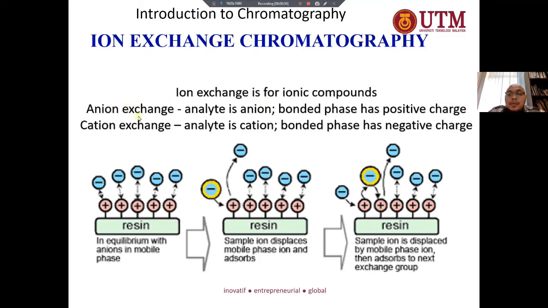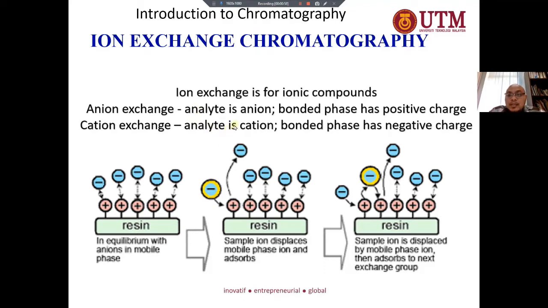Anion exchange is for anions. The next one is cation exchange, for analytes that are cationic. Anionic is the compound with the negative charge, and cationic is the compound with the positive charge.